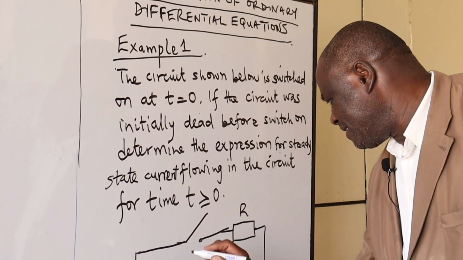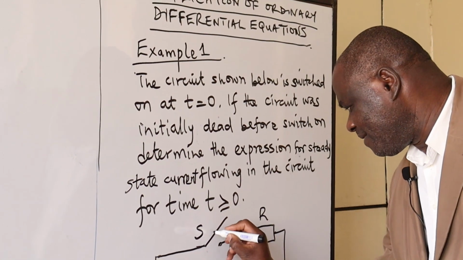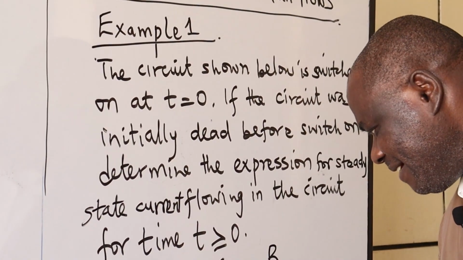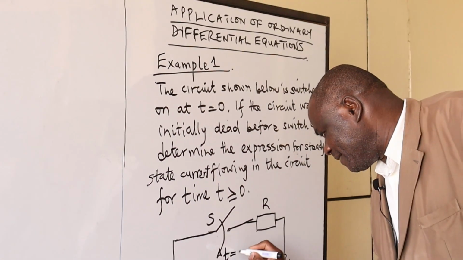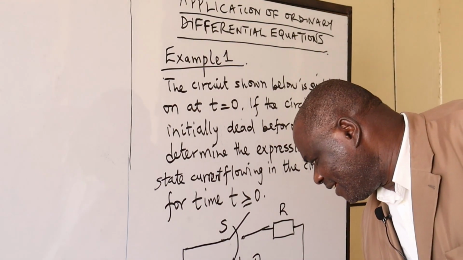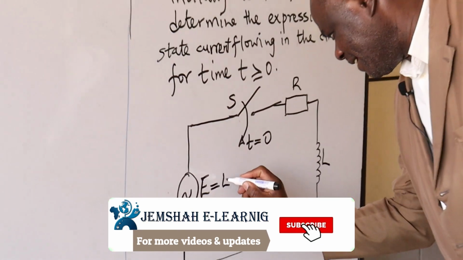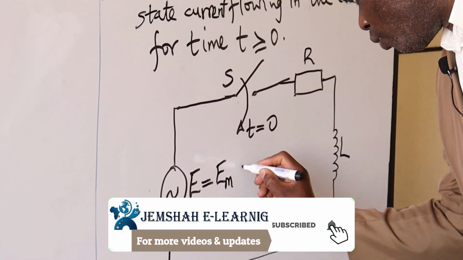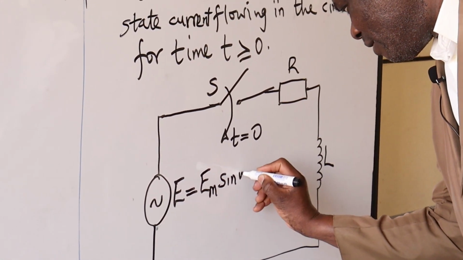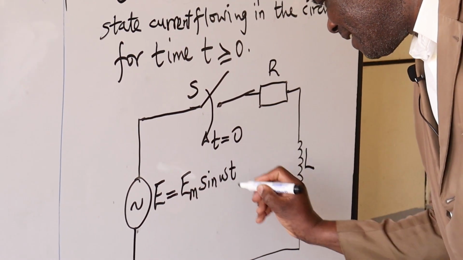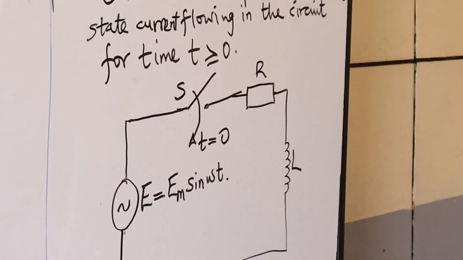This is our switch. Turn down here. T equal to 0. E equal to Em sine omega t.